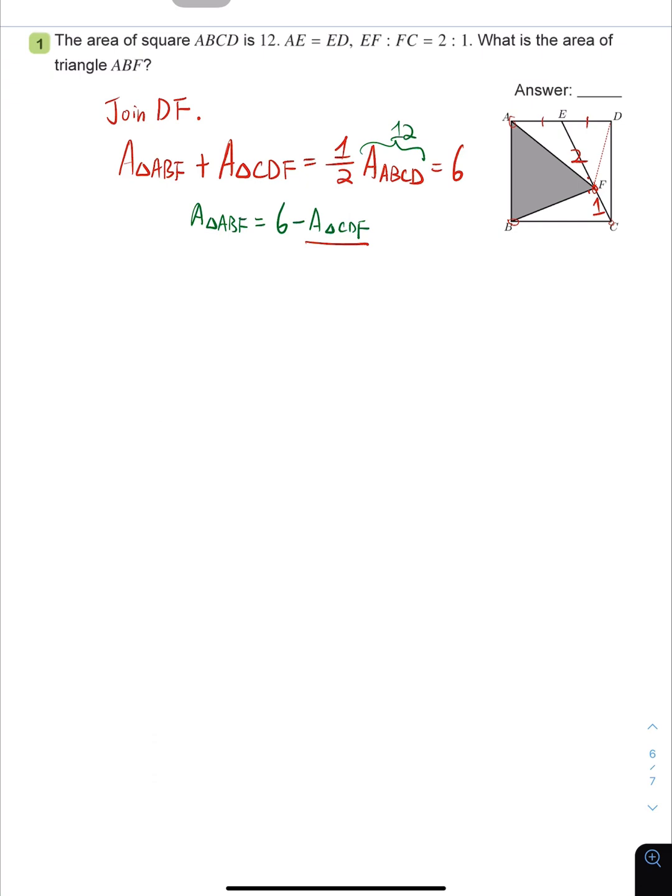So first of all, we can try to find the area of triangle EDC, which includes the base EC, right? So the area of triangle EDC, how do we calculate it? We calculate it by ED times DC divided by 2.